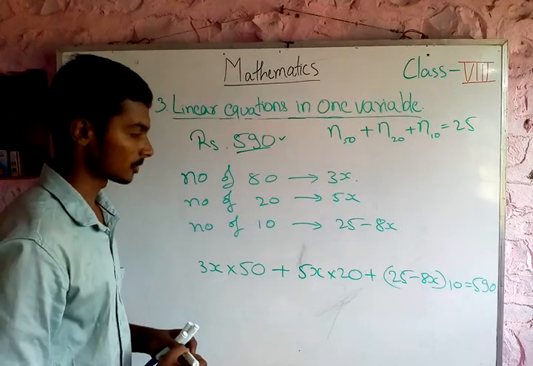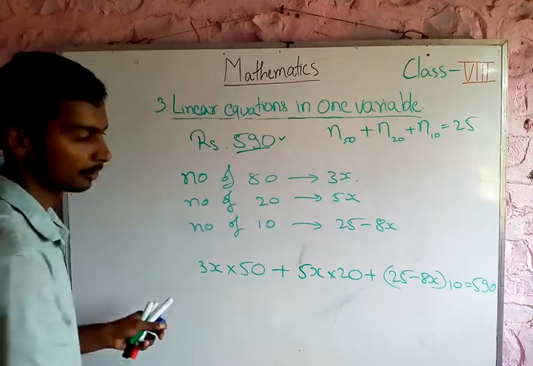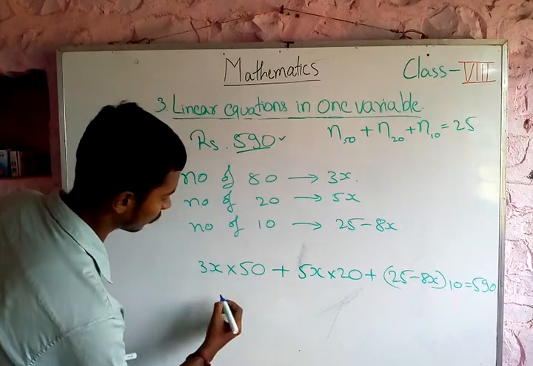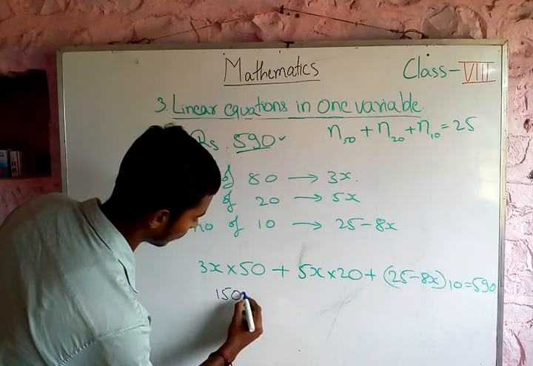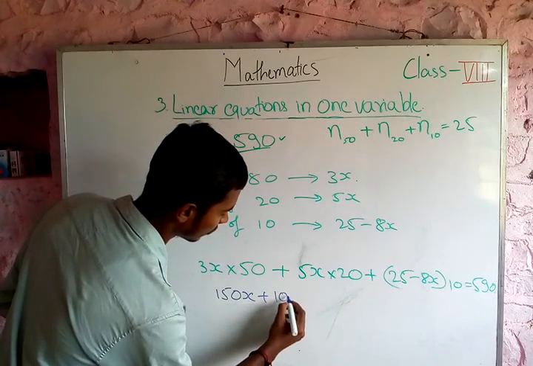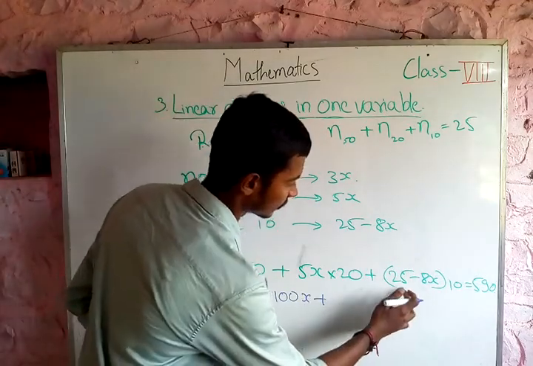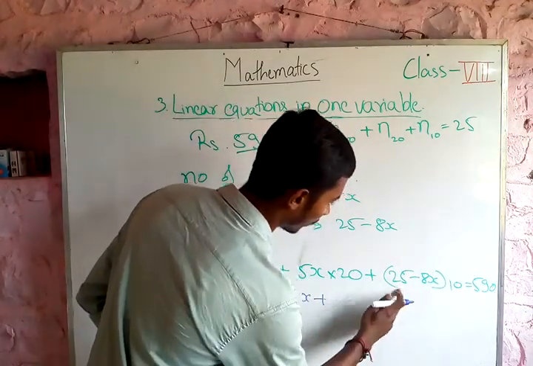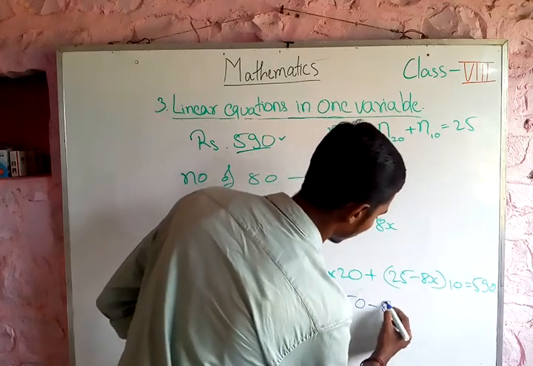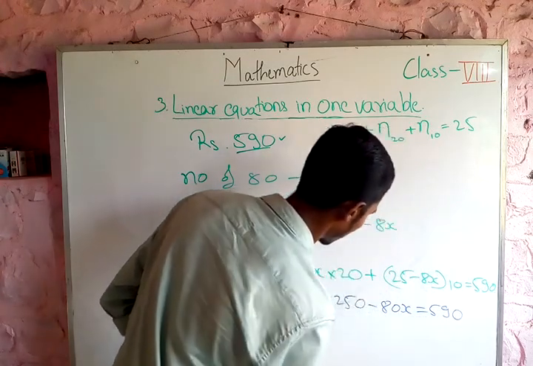Okay, now just simplify this and you will get the answer. That is, 3x into 50 is 150x, plus 5x into 20 is 100x, plus 25 into 10 is 250, minus 80x, is equal to 590.